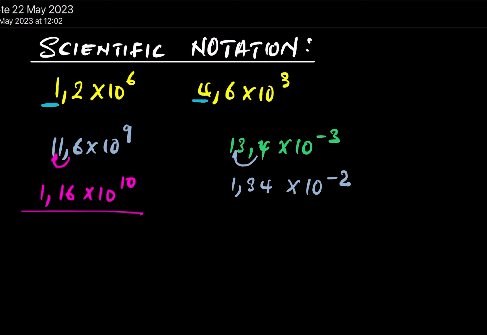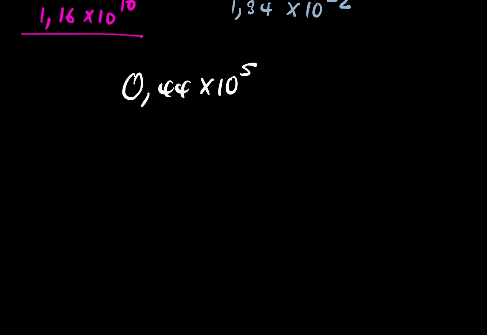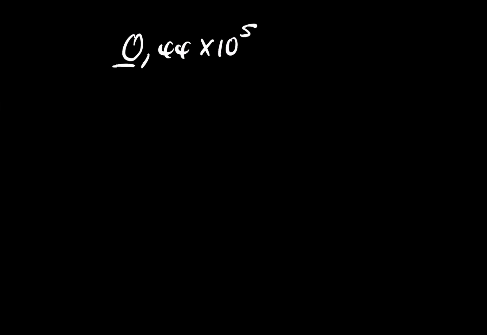Okay. Now, also pay attention here if you have, let's say, 0,44 multiplied by 10 to the power 5. I'm going to convert this to scientific notation. So this number here, which is 0 in our case, has to be between 1 and 10. Check now.